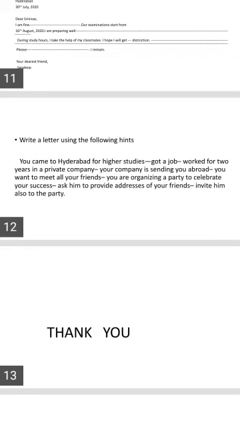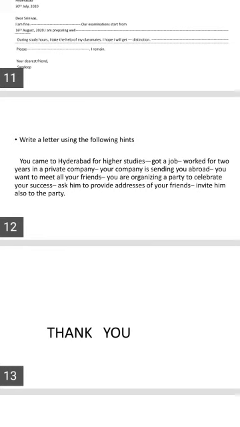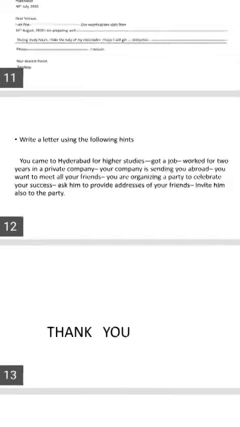I hope you will definitely come to Hyderabad and join us in the celebration. I personally request you to collect the phone numbers, mail IDs of all our friends so that I can invite them personally. And thanking you. Yours loving friend Sandeep. You can write like this.